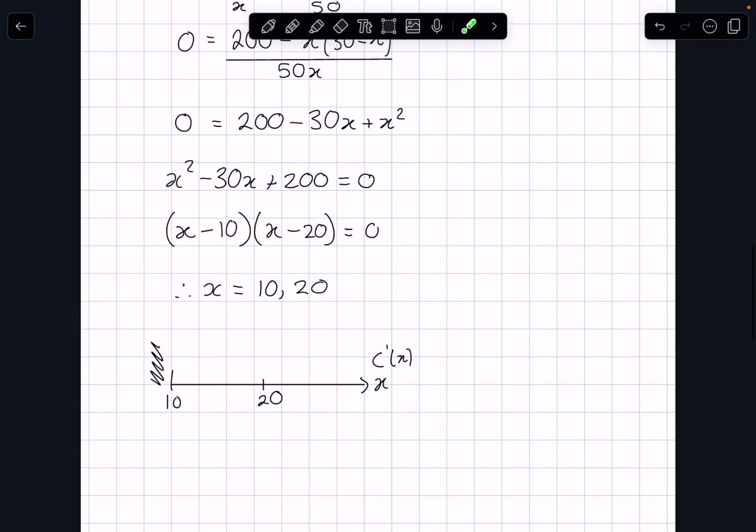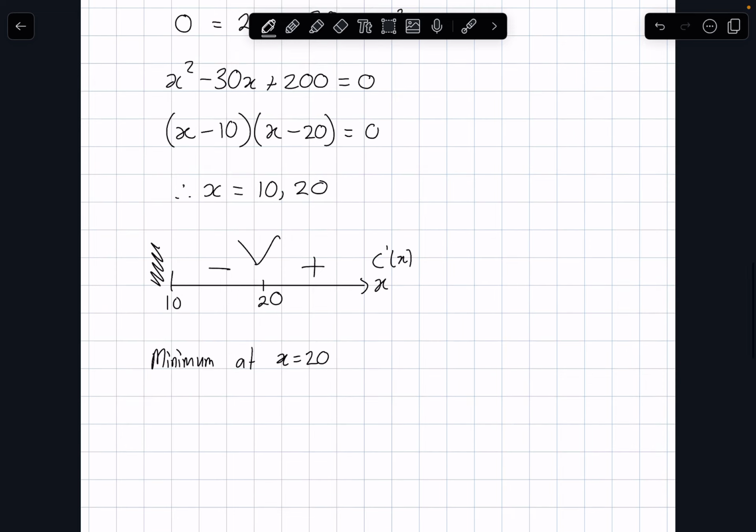If I put something into my equation that's in between 10 and 20, say 11, I've got 11 minus 10, which is positive, and 11 minus 20, which is negative. So I've got a negative, and then I've got a positive here. So we can see I've got a minimum at x equals 20. Therefore, to minimize cost, the company should make 20 kettles.